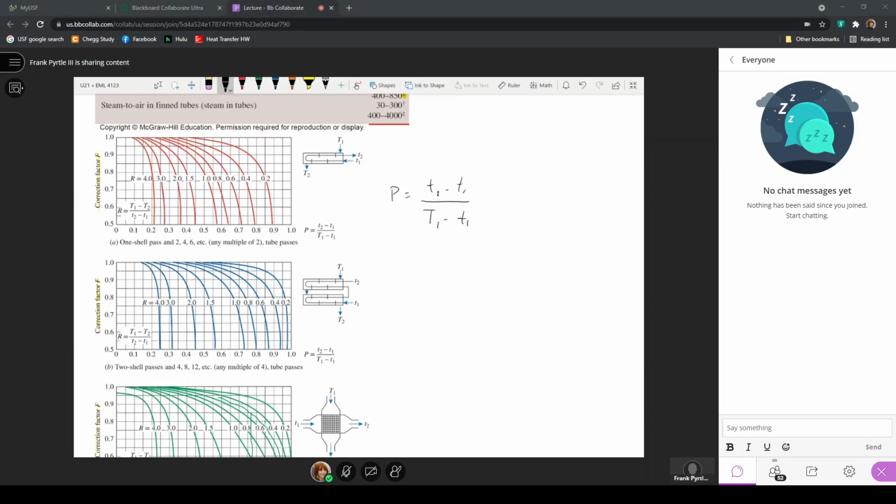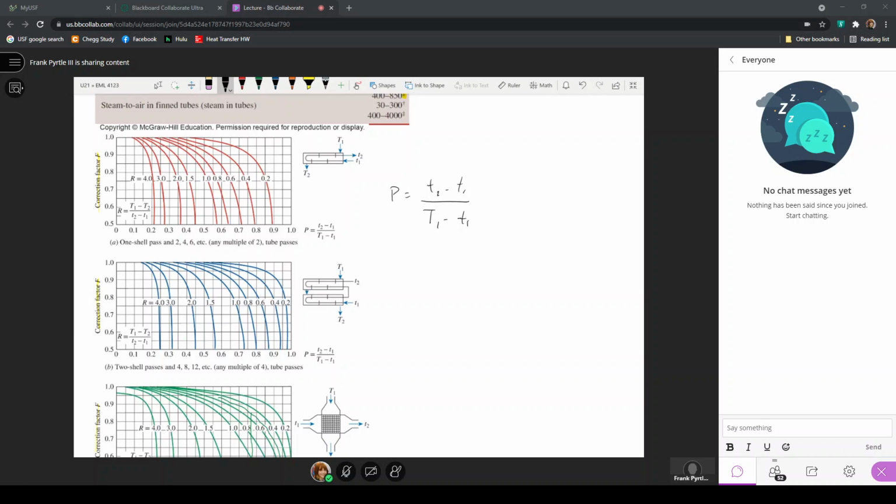Capital T1 and capital T2 refer to the temperatures of the fluid moving through the shell. This is a representative of a shell and tube heat exchanger. Here's another shell and tube heat exchanger. This is a single shell pass, two tube pass shell and tube heat exchanger. This is a two shell pass, four tube pass heat exchanger.